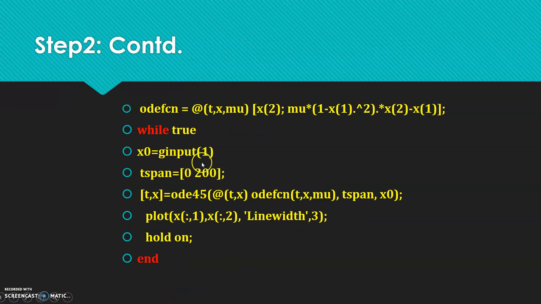Next, instead of writing another subroutine in the same program, we have defined that function, and I have interfaced the graphical input, and in a very simple way, with ode45 already learned, we wanted to see what will happen if I plot this x1 and x2, which is basically nothing but the phase plot.